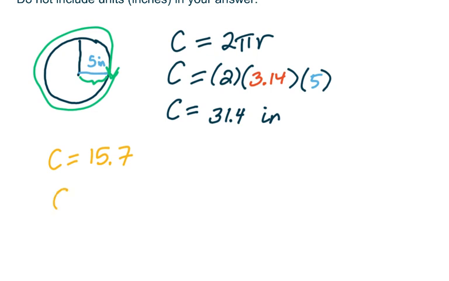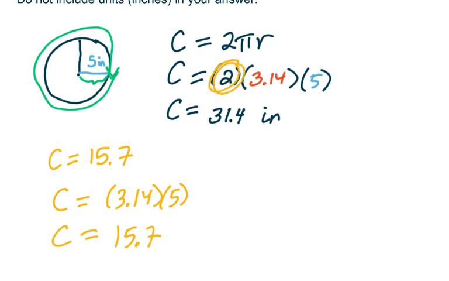So I suspect that you did something like just 3.14 times 5, and when you do that, you end up with 15.7. Unfortunately, you forgot that when you use the radius formula for circumference, you have to multiply it by 2 to get the distance all the way across to begin with.